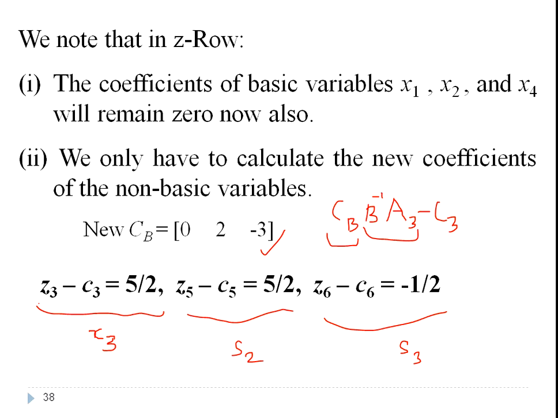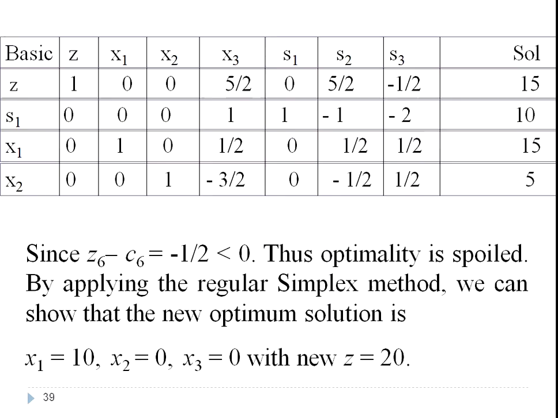If all were greater than or equal to 0, then the optimality would still be valid. But now you need to find out the new solution.